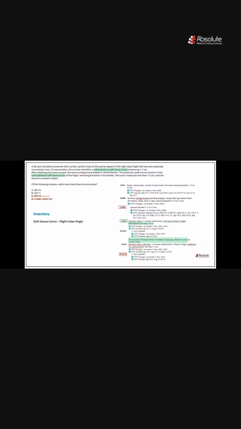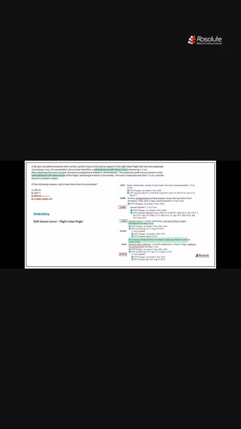Now between option A and option B, option A is coding for 26115 and option B is coding for 26111. The parent code states excision of tumor or vascular malformation, soft tissue of hand or finger, subcutaneous. Now this is a correct code selection.